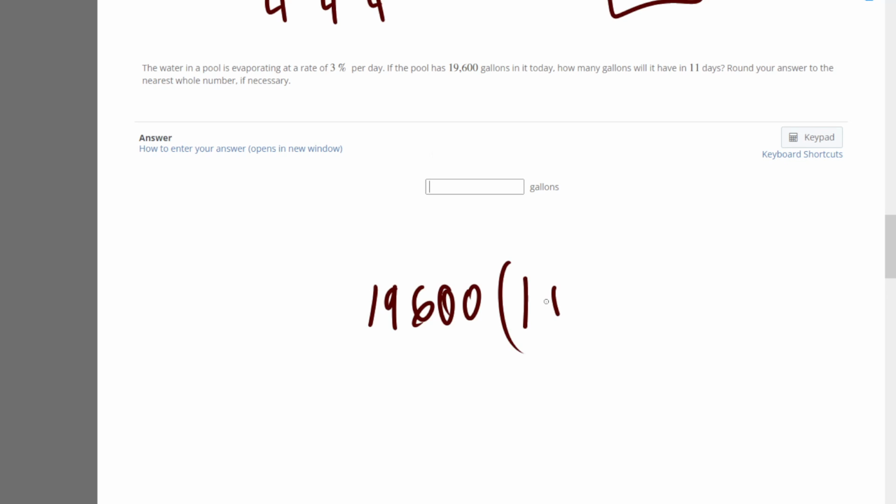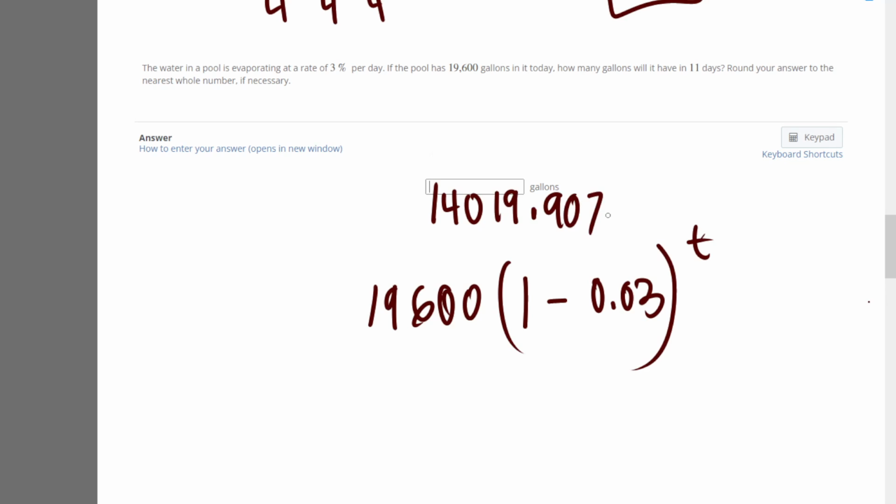And then 1, and then plus, but we're minusing since we're evaporating, 0.03. We want it in decimal form. And then to the time. Then if we plug in 11 for that, you should get 14,019.907. And we need the nearest whole number, so we can round this up to 14,020.